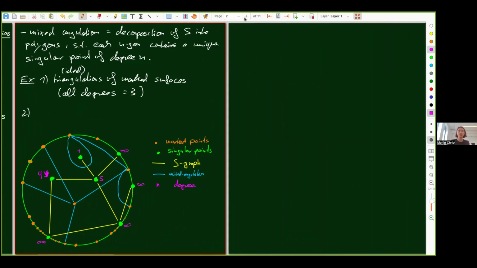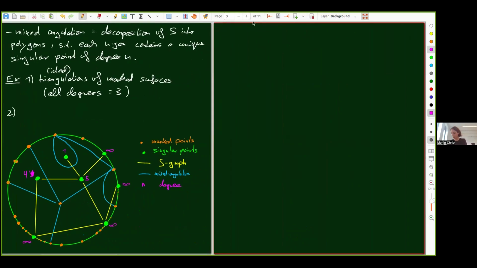Now next, I'll tell you what the S graph is of a mixed angulation. So dual to the mixed angulation is the S graph, which I'll write by an S with a thing. And what is this?